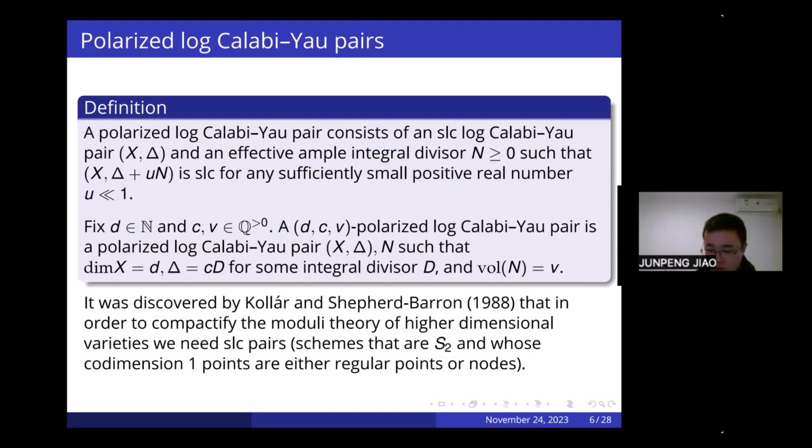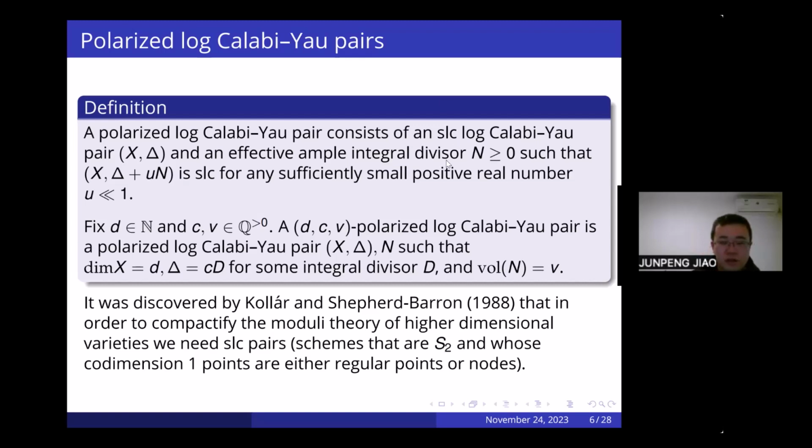For example, in the moduli space of elliptic curves, the degeneration of an elliptic curve is not normal. The codimension 1 points of these degenerations are just nodes.